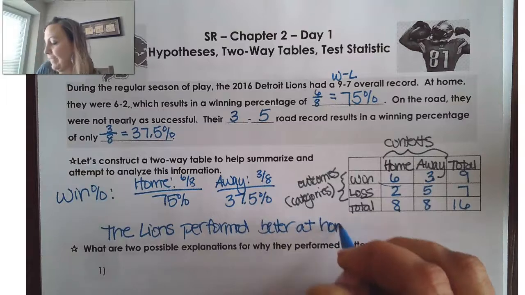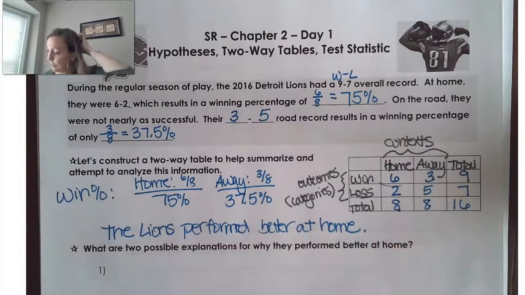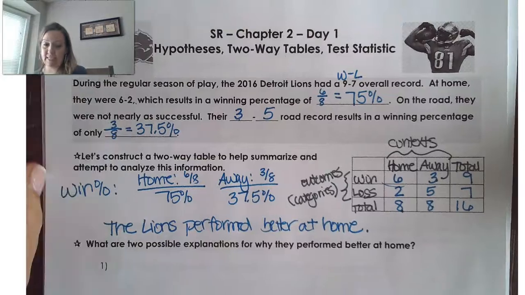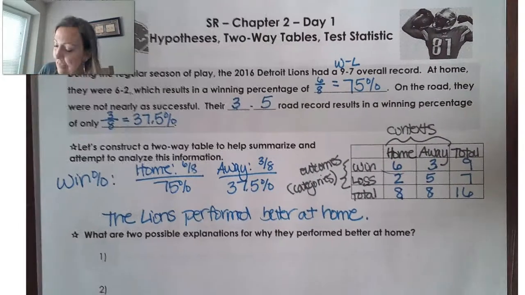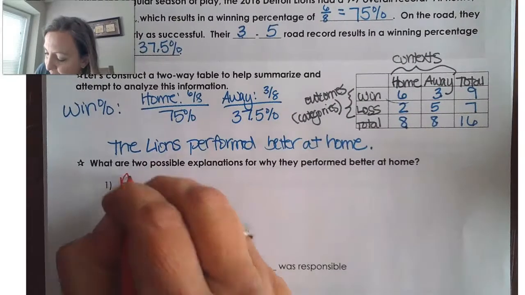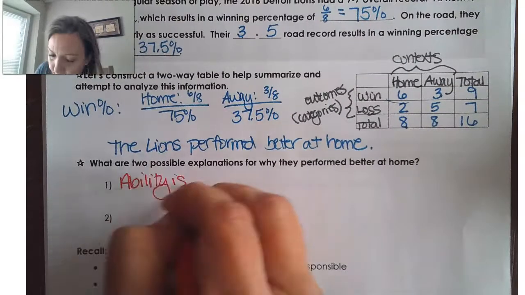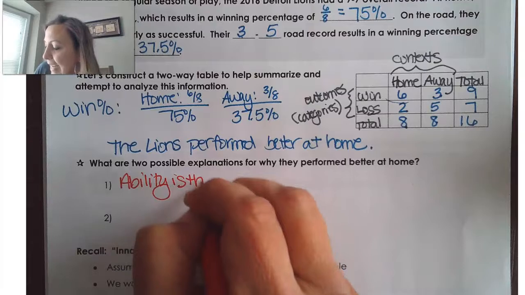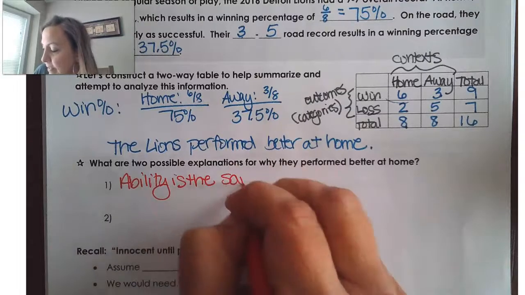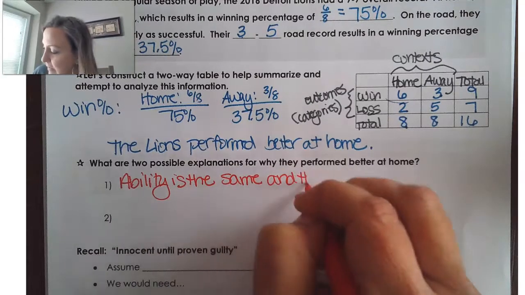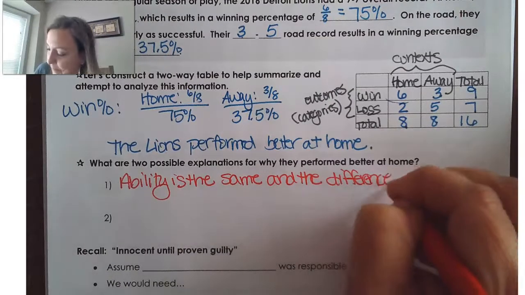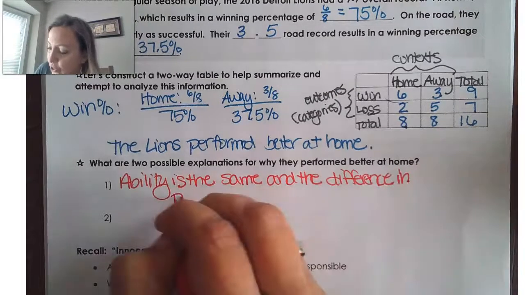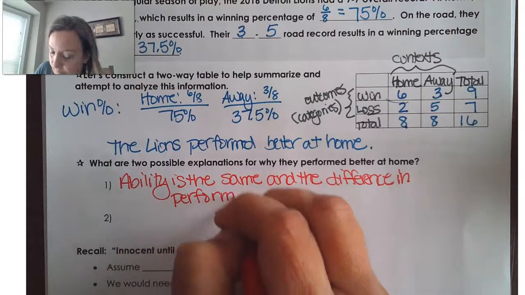Now, there are two possible explanations for why they performed better at home. One of these is that it was just due to chance. That their ability is the same, and that the difference in performance is just due to random chance.